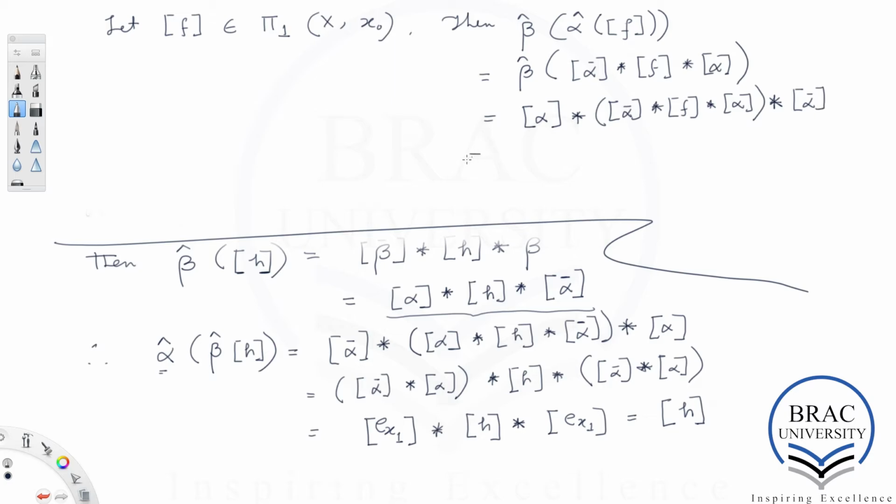Using associativity, I can separate the products and take those products first: alpha star alpha bar, star f, and then star alpha star alpha bar. And alpha star alpha bar is going to be a loop, the constant loop at x0, which is precisely the identity element of this group.